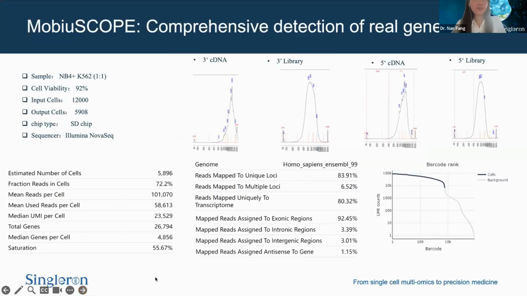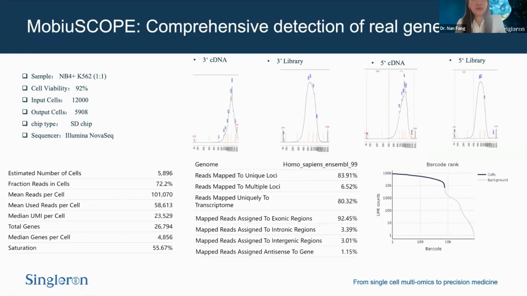And okay, so for the first part of the examples, we used mouse spleen cells plus human PBMC as a test system. But here we would also like to ask the question about the fusion gene.